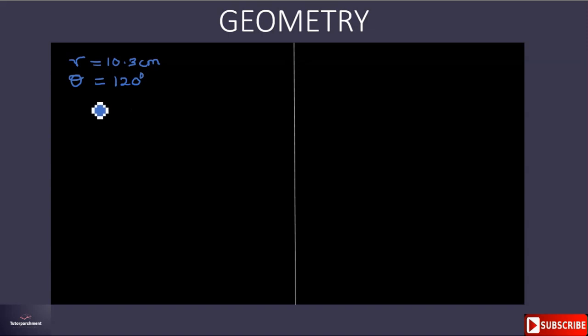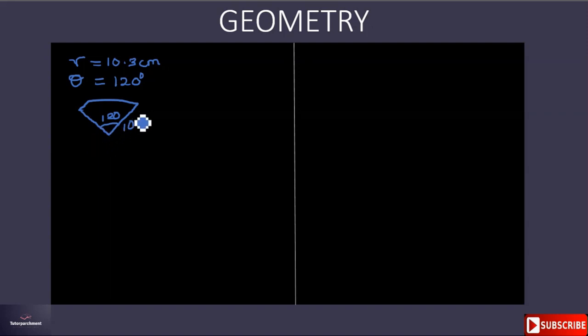If you look at the sector that was drawn, you have something like this. This is a sector, so you're given something like this, where this is 120 and this is 10.3.